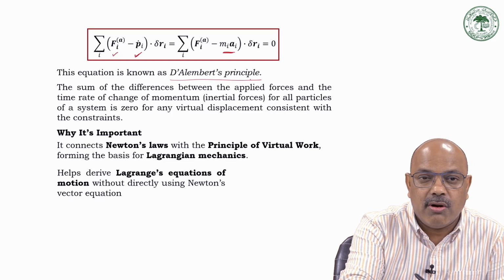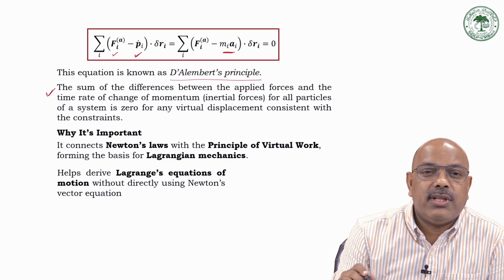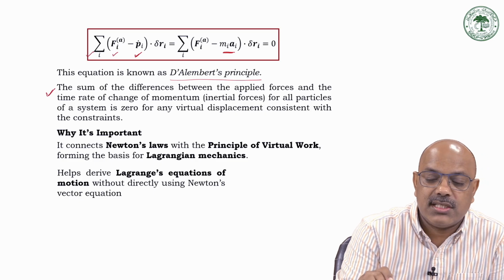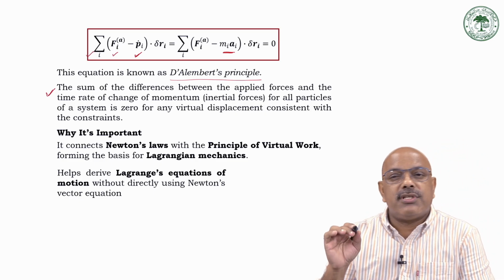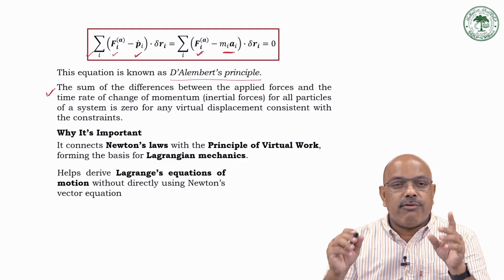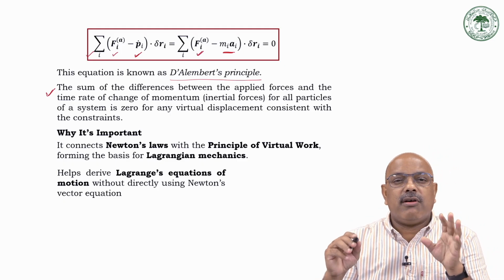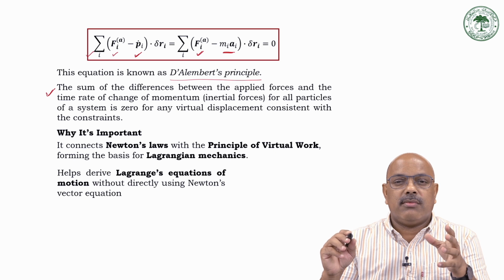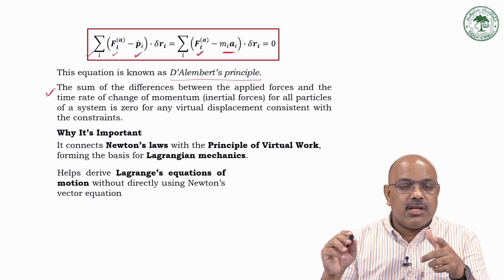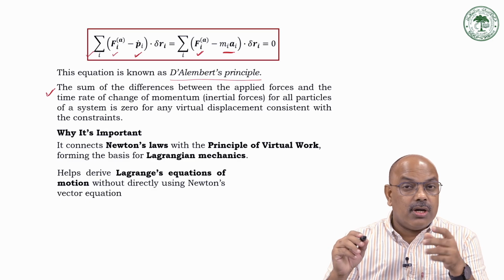If you read out the statement here, it tells you the sum of the difference between the applied forces Fi and the time rate of change of the momentum, that is the inertial forces, for all particles. What do you mean by the inertial forces? Here the inertial forces are dissipative forces.